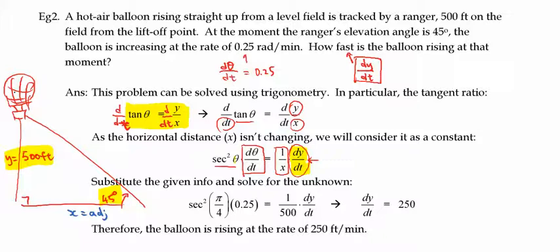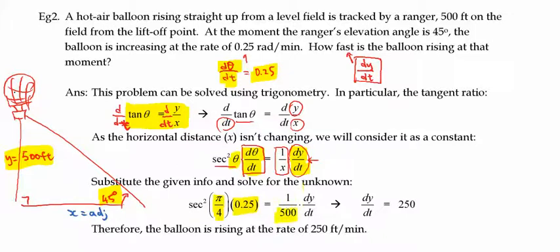For now, we got the angle. The angle is 45 degrees, or pi over 4 in radian. d theta/dt, the change of angle with respect to time, is 0.25. Substitute it into the equation.